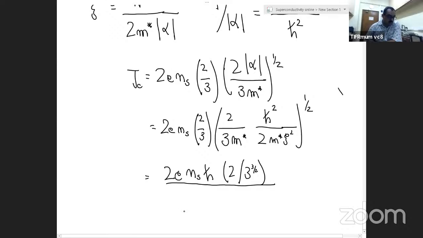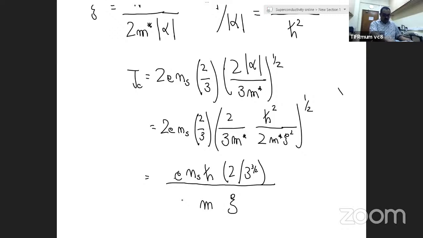That's the reason I am being careful with these numbers, because there is a point that I want to make with these numbers.